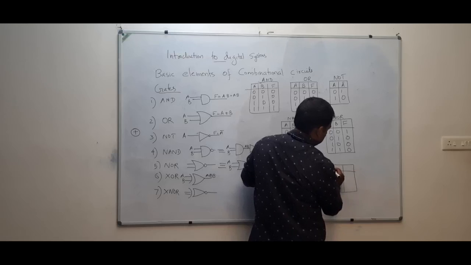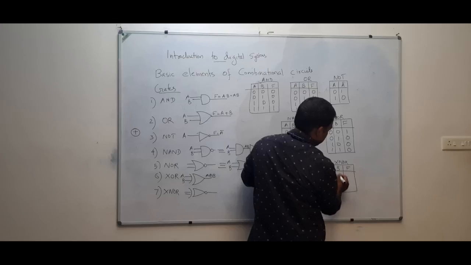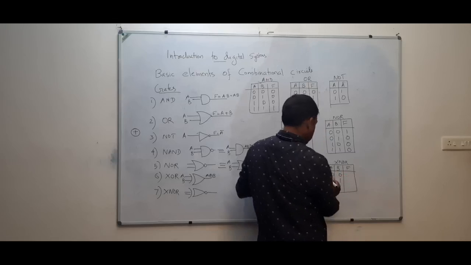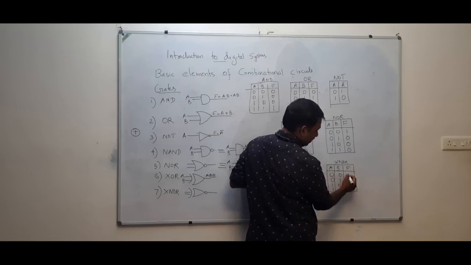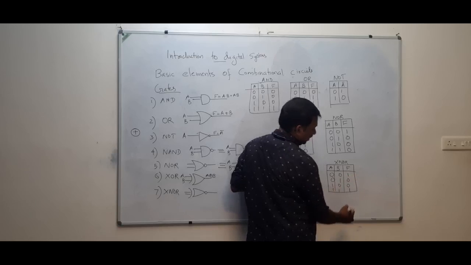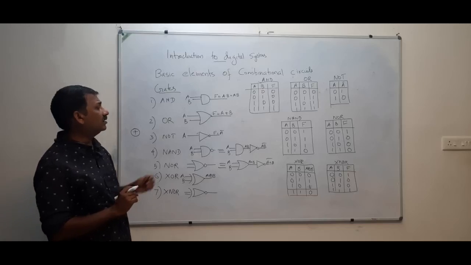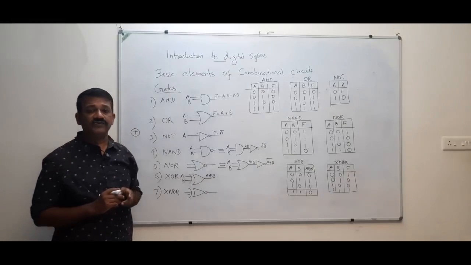This is A, B, this is XNOR, and this is the output, for 0 0, 0 1, 1 0, 1 1. That means if like inputs are there, the output is 1, and if unlike inputs are there, then the output will be 0. With that, the basic elements of combinational circuits we have discussed.